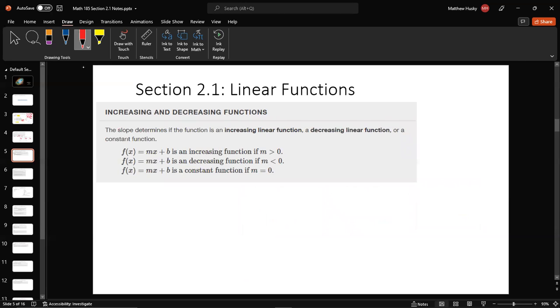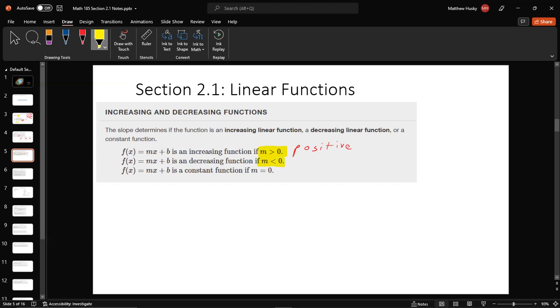So this is kind of just reiterating what I was saying before. So it's increasing if the value of m is bigger than 0. M greater than 0 is basically another way of saying positive. Because fun fact, positive numbers are greater than 0. Who knew?